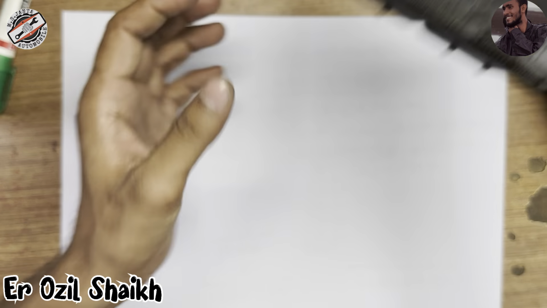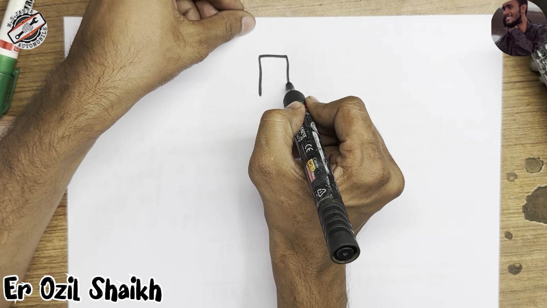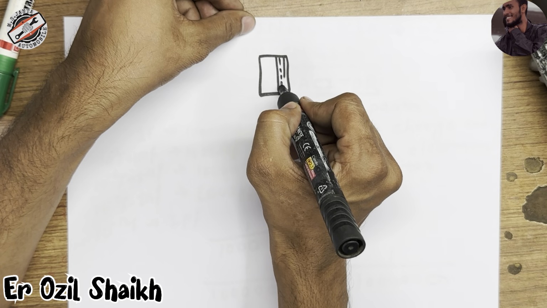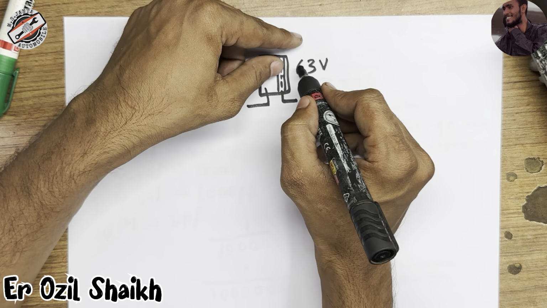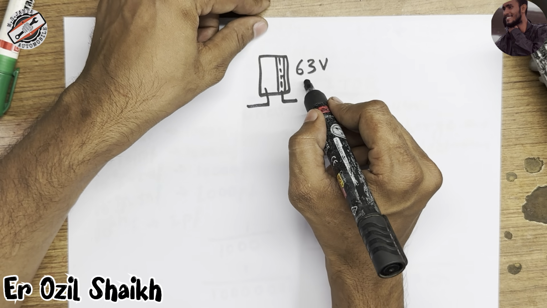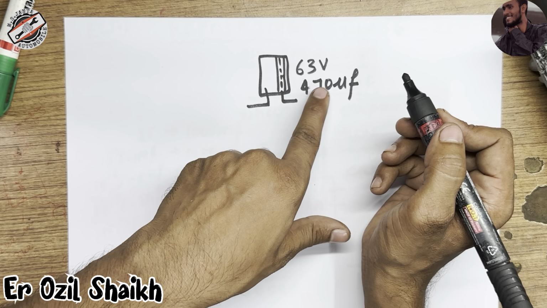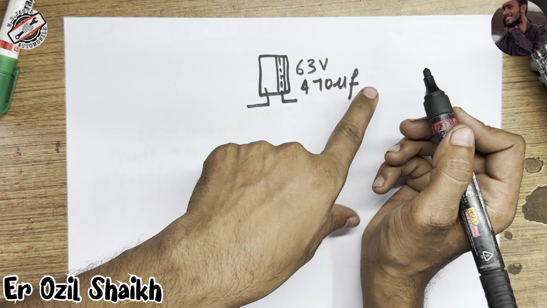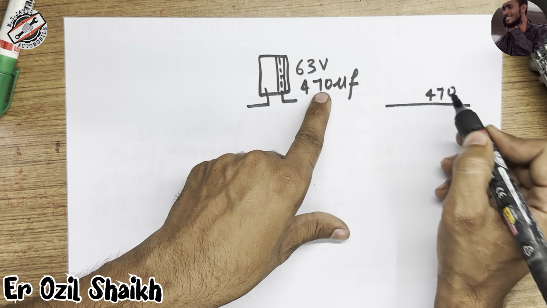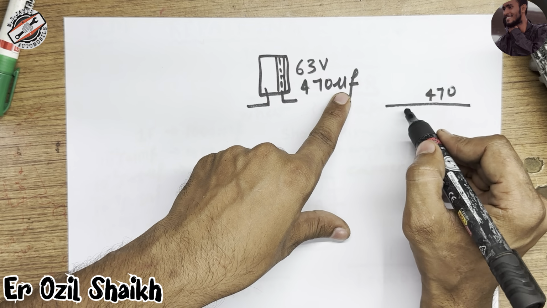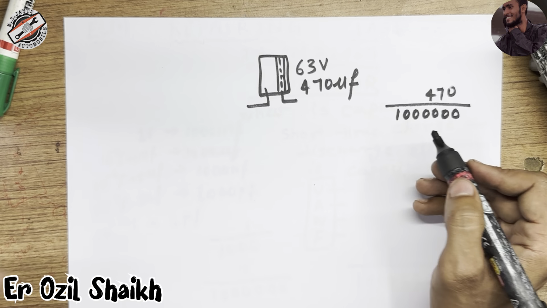Here we can see we have a capacitor. The capacitor value is 63 volt, 470 microfarad. If I convert the 470 microfarad into farad, I have to divide 470 by 10⁻⁶, meaning 1, 2, 3, 4, 5, 6, six zeros.